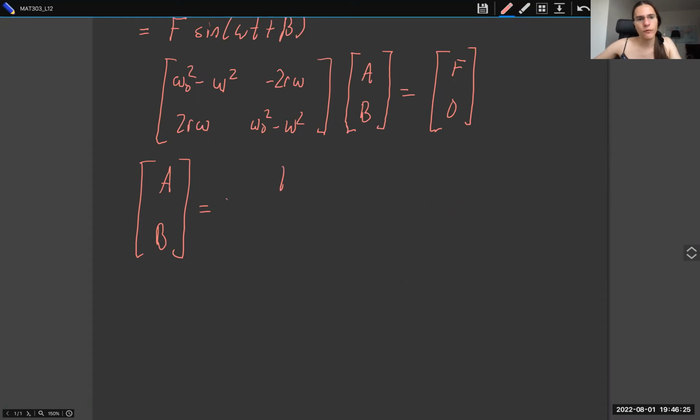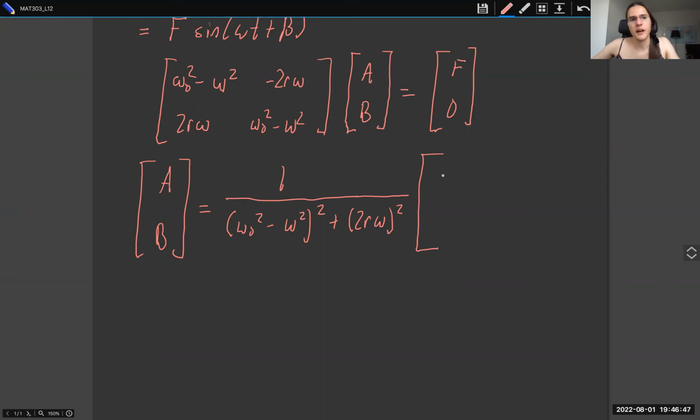We get 1 over, omega naught squared minus omega squared, plus 2r omega squared. So I'm going to write it like that. Then this matrix becomes omega naught squared minus omega squared. So that, and then we put minus signs here.